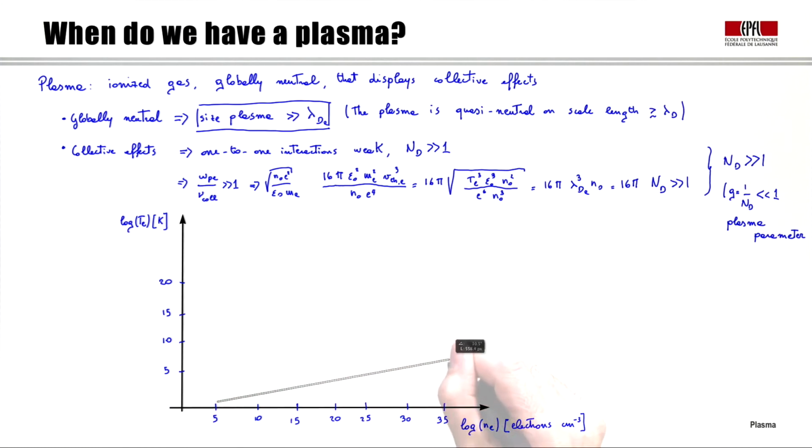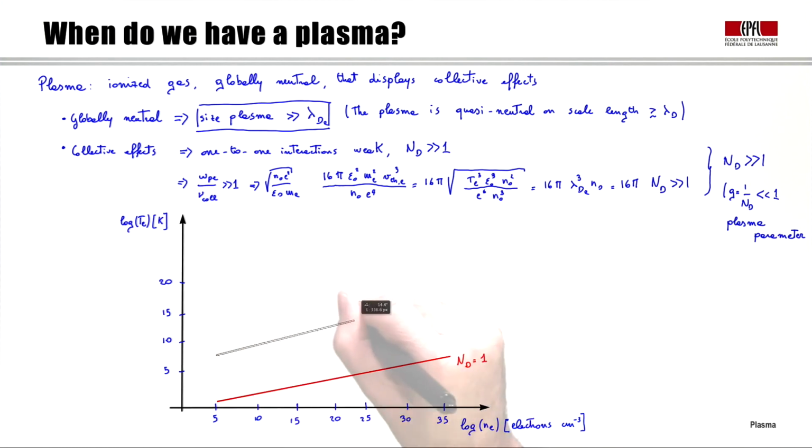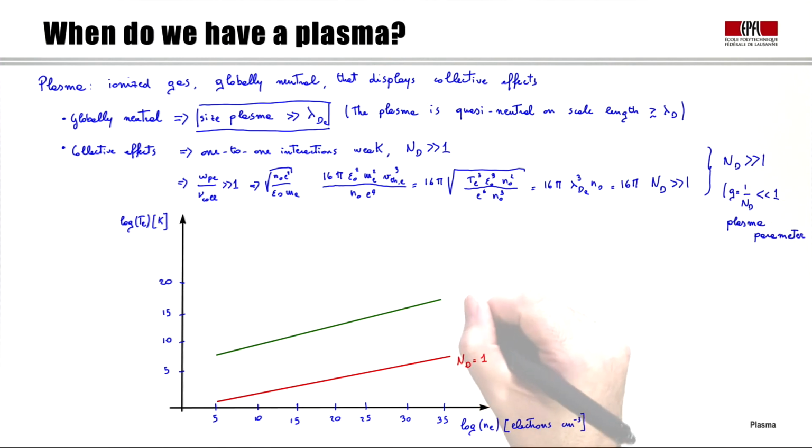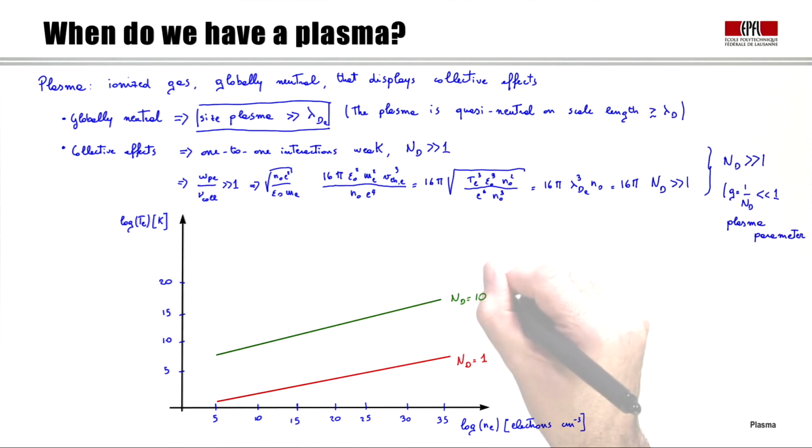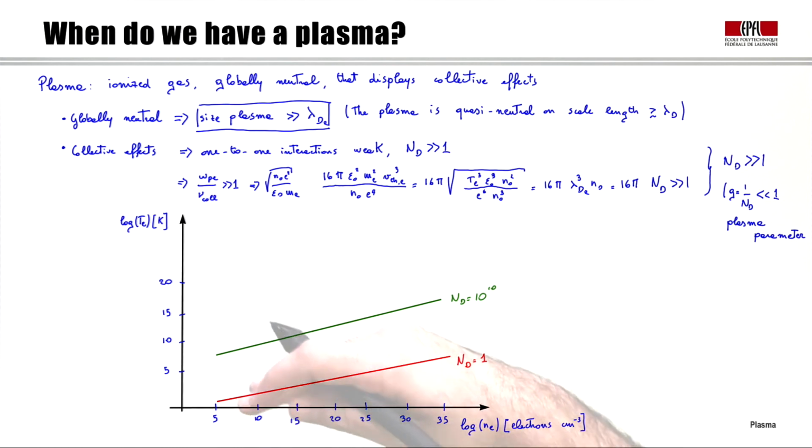The first line that I can draw represents when Nd is equal to 1. The second line I draw is for Nd equal to 10 to the 10. Therefore, plasma will lie above this part of the plane. They need to have Nd much bigger than 1.